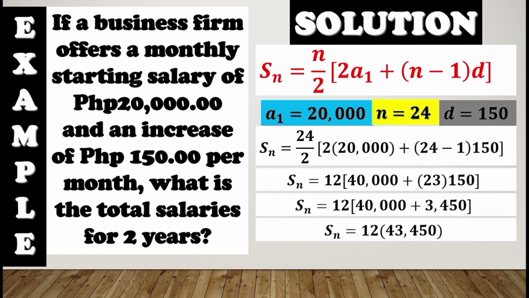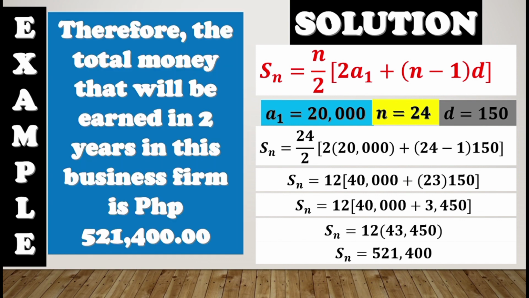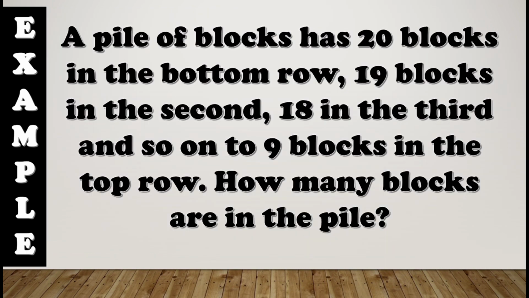S sub n is equal to 12 times 43,450, which is a result of the sum of 40,000 and 3,450. S sub n is equal to 521,400. Therefore, the total money that will be earned in 2 years in this business firm is 521,400 pesos.